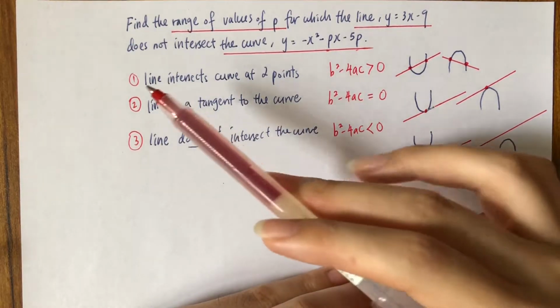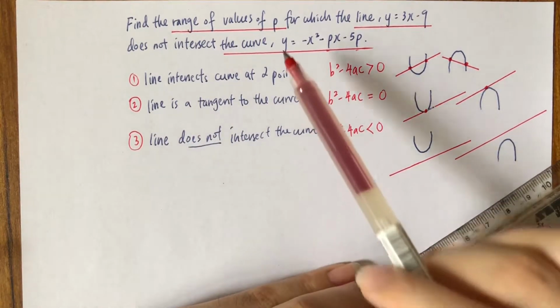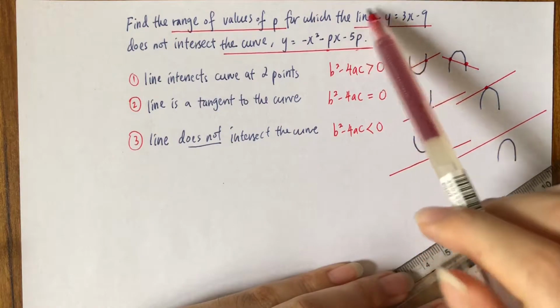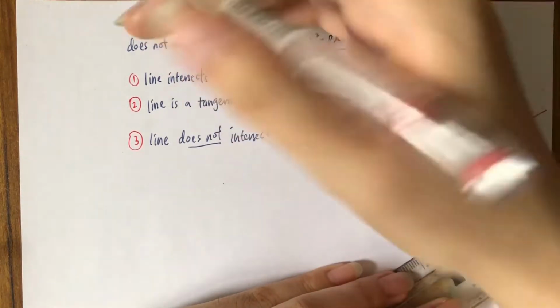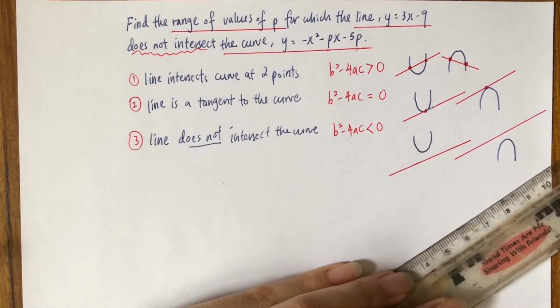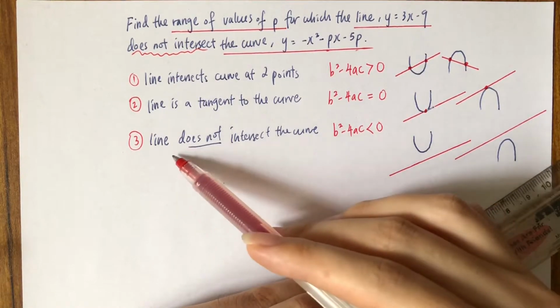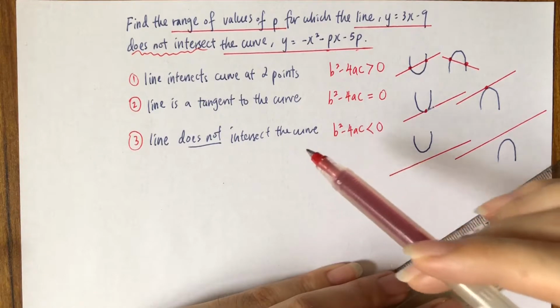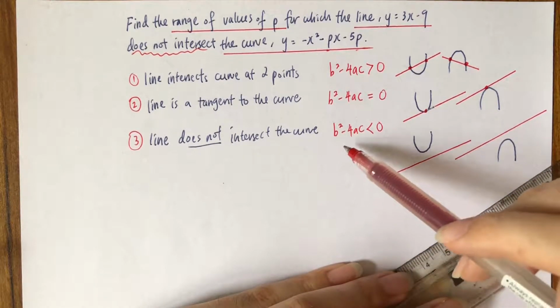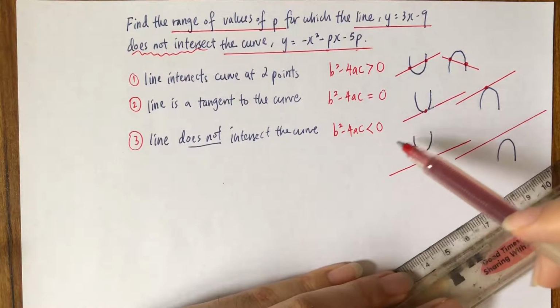So with these three conditions, let's go back to the question again. The question clearly states that the line does not intersect the curve. So now it is very obvious that this question is talking about the third scenario, where the line does not intersect the curve at all, and the discriminant b squared minus 4ac is lesser than 0.